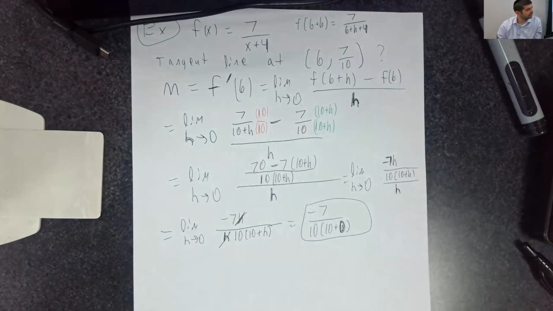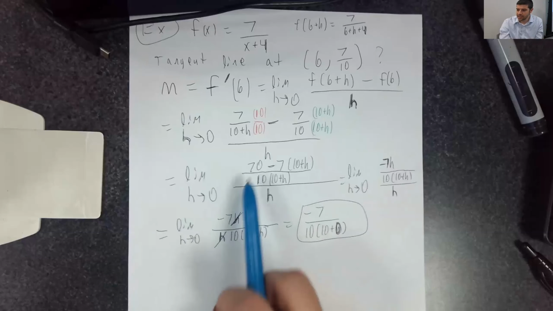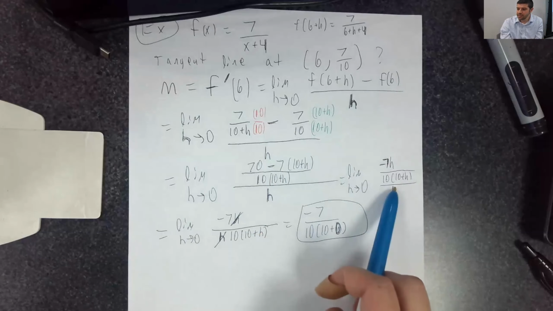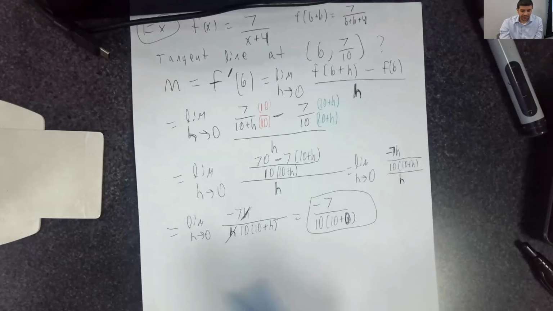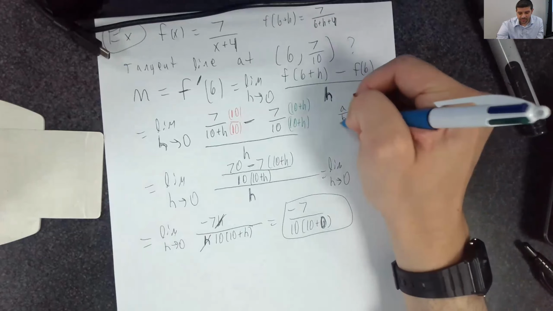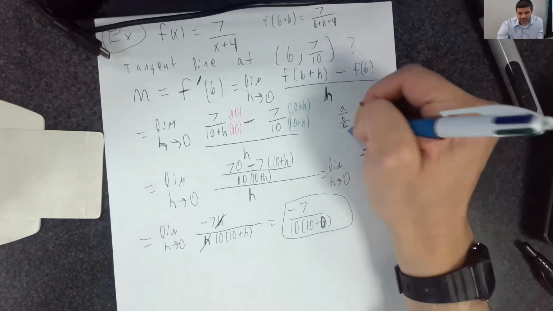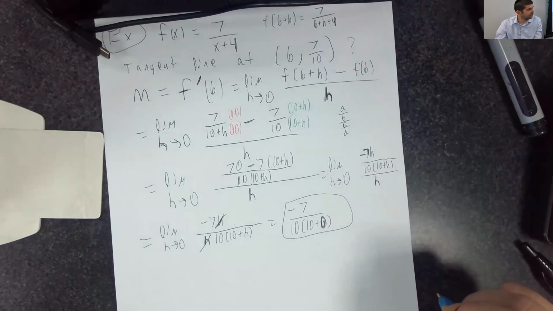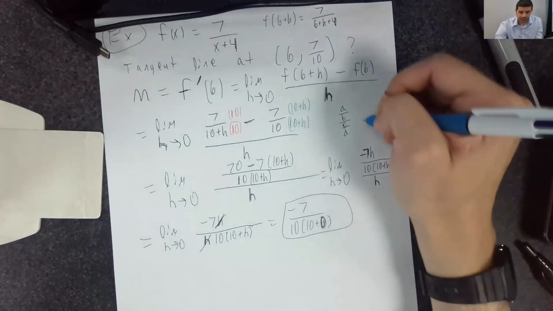Okay, any questions? Yeah, Matthew? How did you go from there to there? This line? Yeah, so this is a cool algebra rule: a over b divided by c over d. I can always take two fractions and combine them into one.